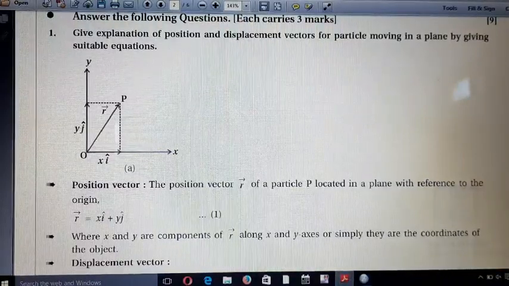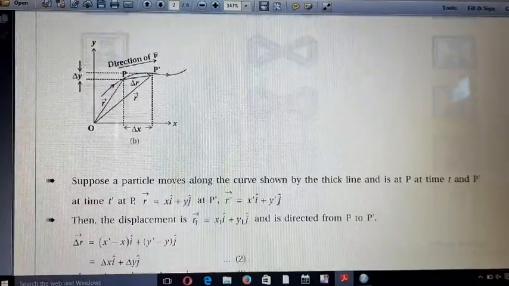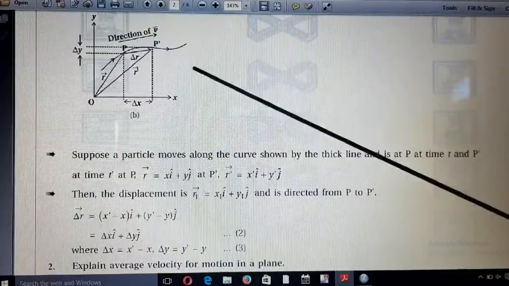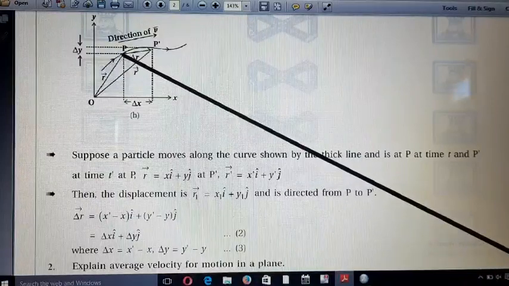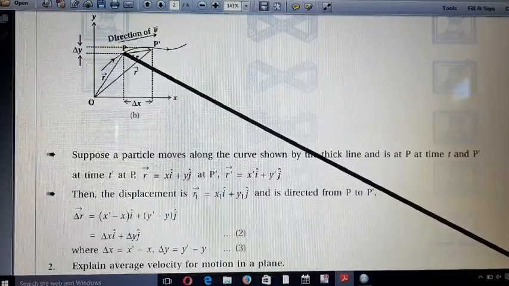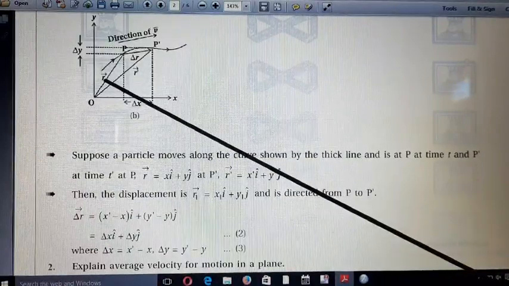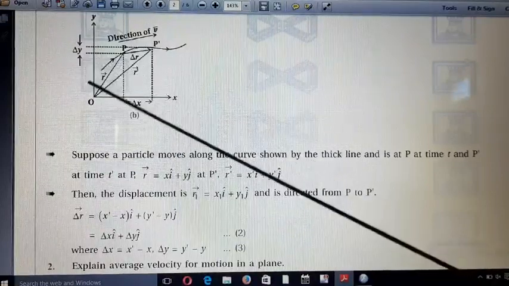Next, displacement vector. First of all, we understand this figure. Look here. One particle is at point P. Its position vector is denoted by vector r. This is the x component and this is the y component.